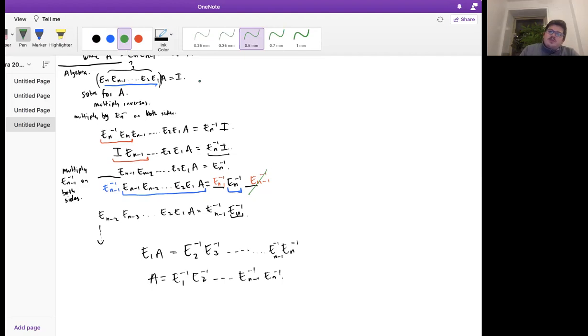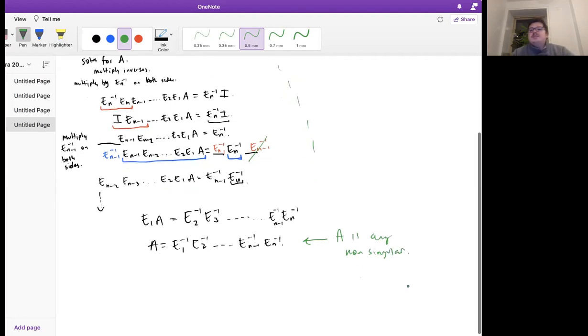So remember, this implies A is non-singular. And we did all these steps that were true. And then here, this statement is also true for any non-singular matrix. So what does this mean?